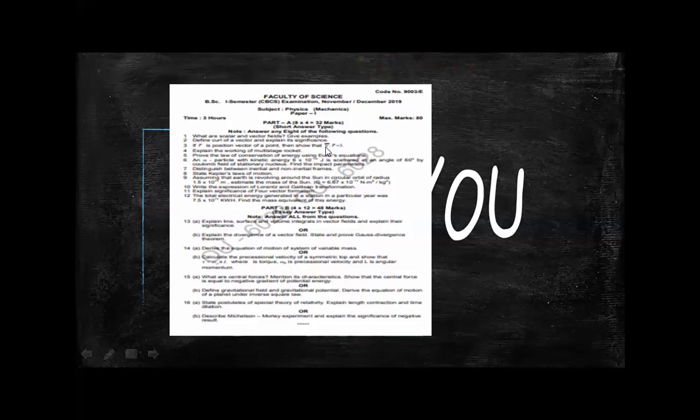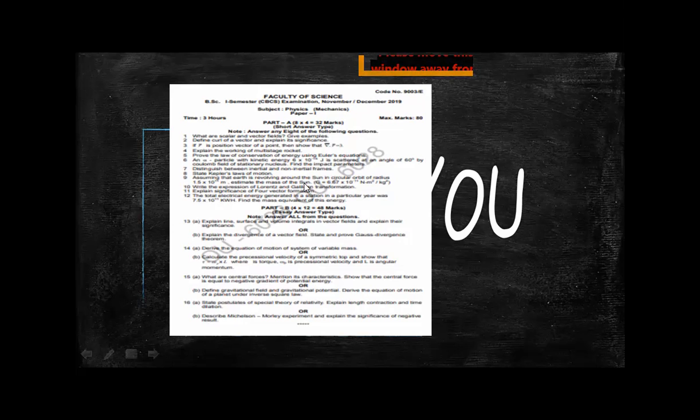Sometimes they give 75 plus 25, 75 marks for the question paper and 25 marks for the lab. Every paper has a lab and assignment. Here they gave 80 marks for the question paper and 20 for the assignment and lab.